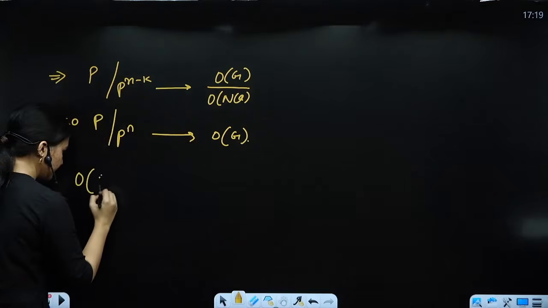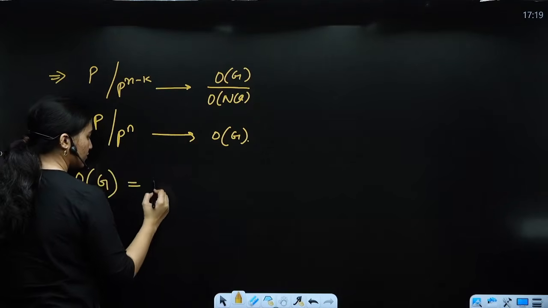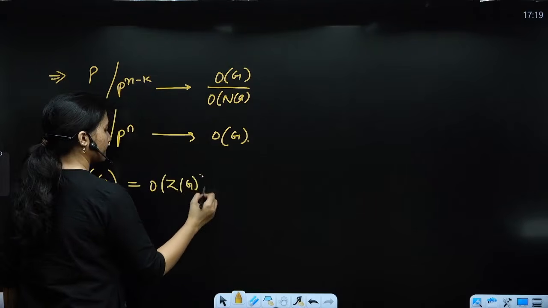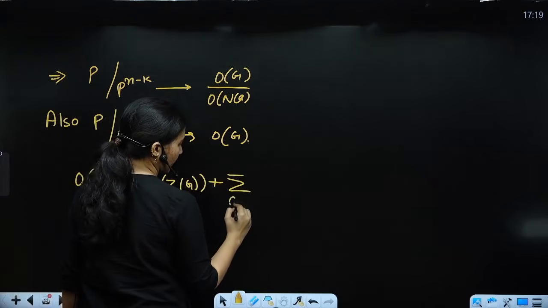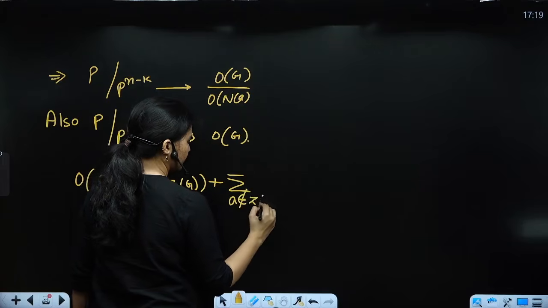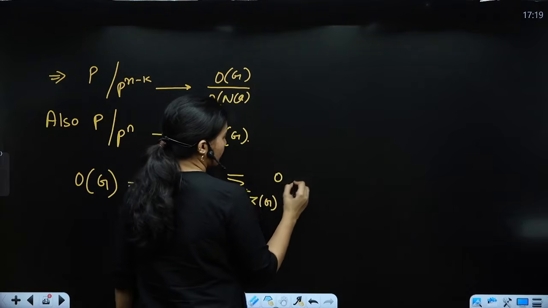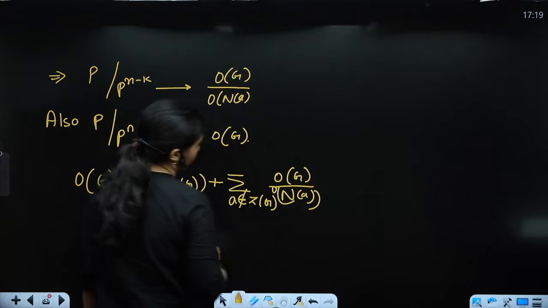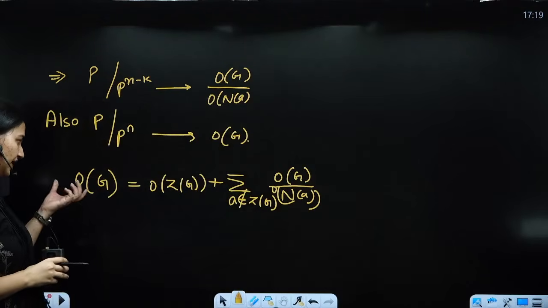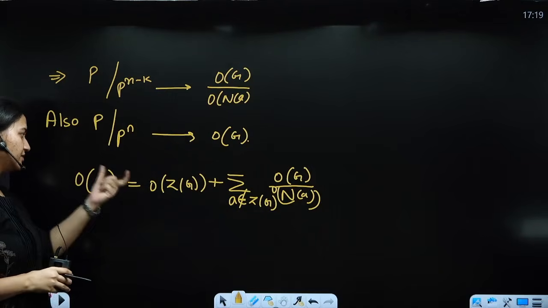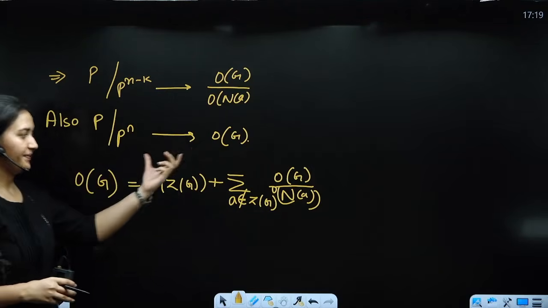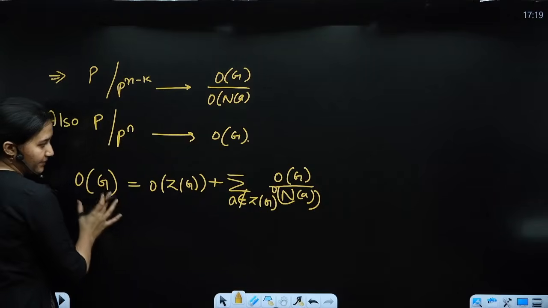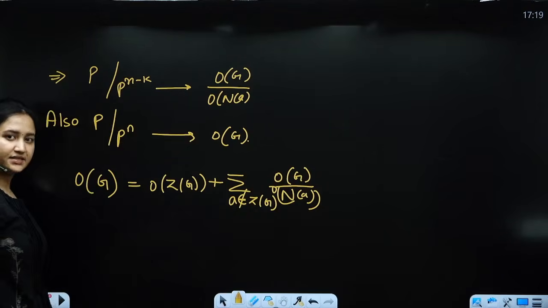That order of G is equal to order of ZG plus summation, A does not belong to ZG, order of G upon order of NA, right? Now we have the values of this and this. That means P is dividing this element and this element, right? So if P is dividing this element and this element, this has to divide ZG as well, right?